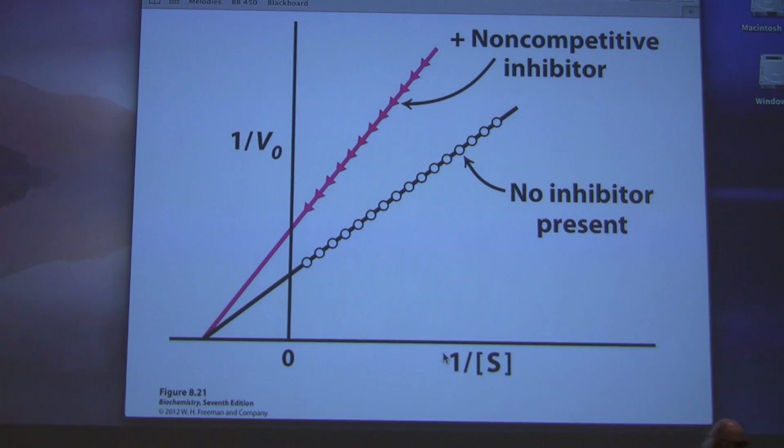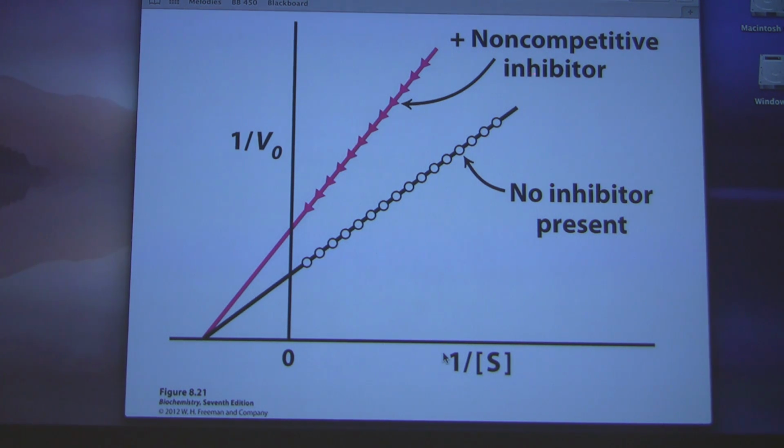Okay. Well, on Lineweaver Burk, this is what a non-competitive inhibition looks like compared to no inhibition. Students get a little confused on this to start with, but I'll take you through it. We remember that for non-competitive inhibition, the Km is the same as it is for an uninhibited reaction, which means that minus 1 over Km will be the same. And so these two lines cross at minus 1 over Km on the x-axis.